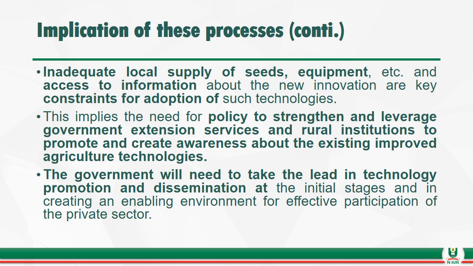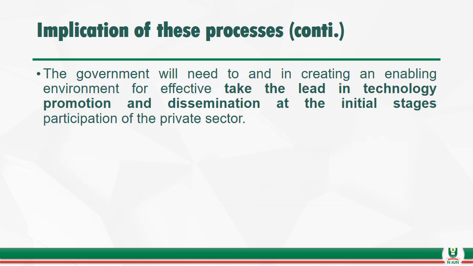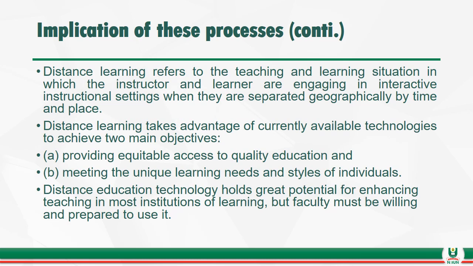The government will need to take the lead in technology promotion and dissemination at the initial stages and in creating an enabling environment for effective participation of the private sector.